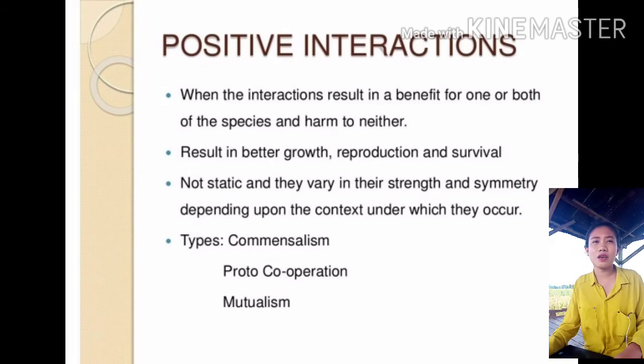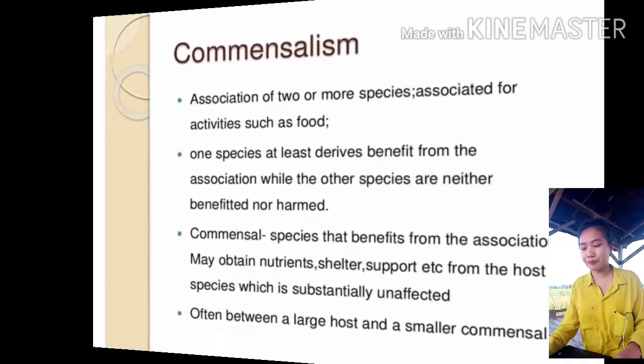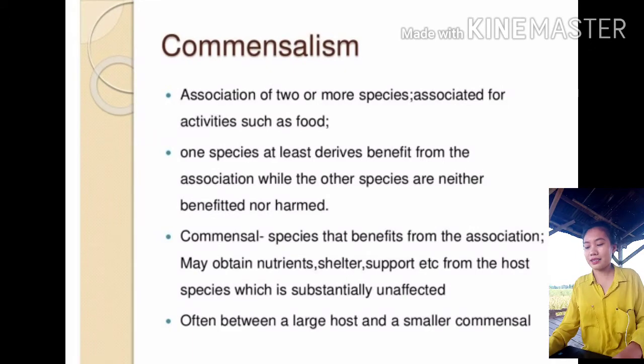First, we have commensalism. What is commensalism? Later on, we will discuss the other types. Actually, we have three: commensalism, proto-cooperation, and mutualism. Commensalism is an association of two or more species for activities such as food.